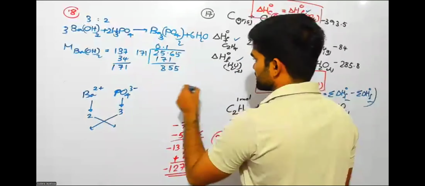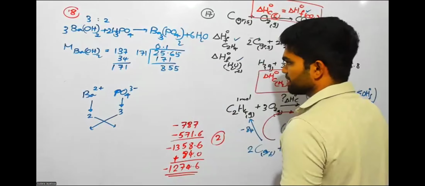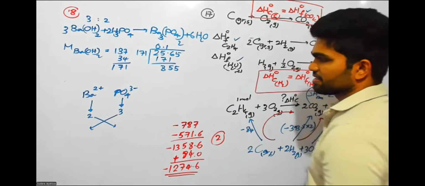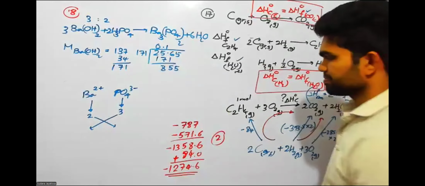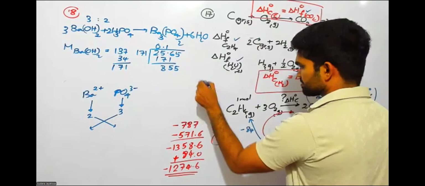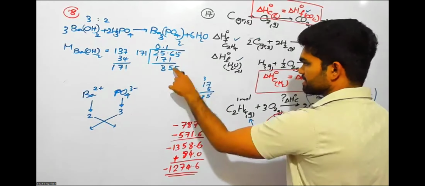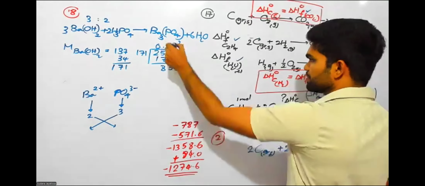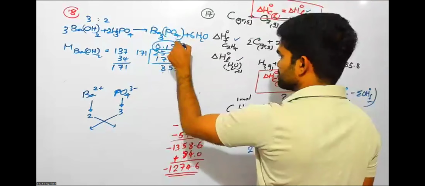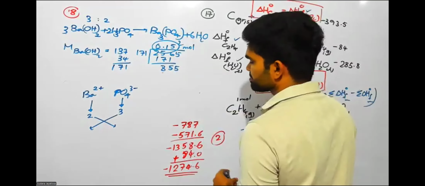Then 855. 17 times 5 is 85 only. So you get 855. So it is 0.15 moles.